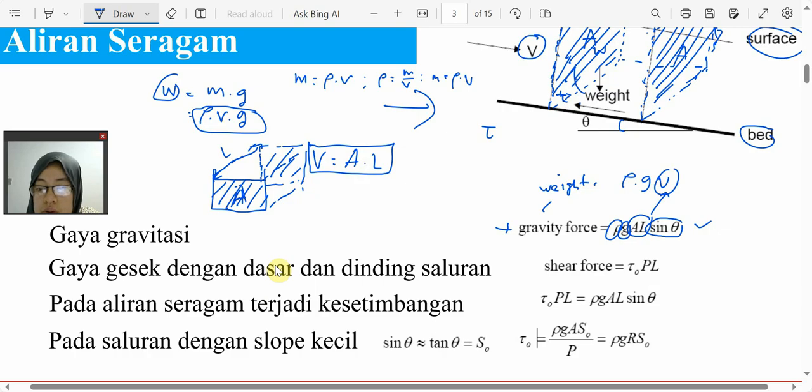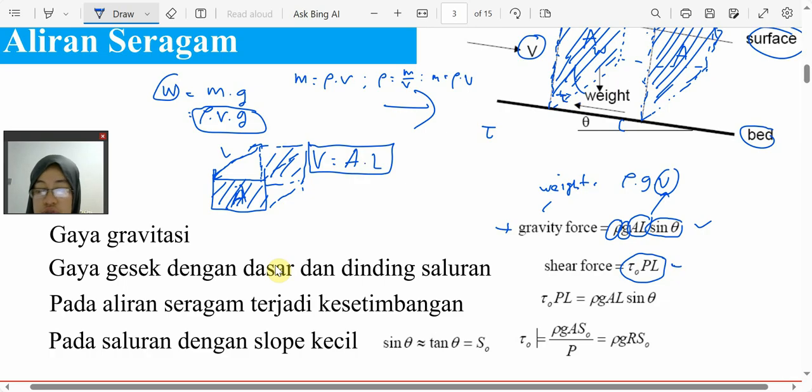So the shear force is tau times p, where p is the wetted perimeter, and also the length.